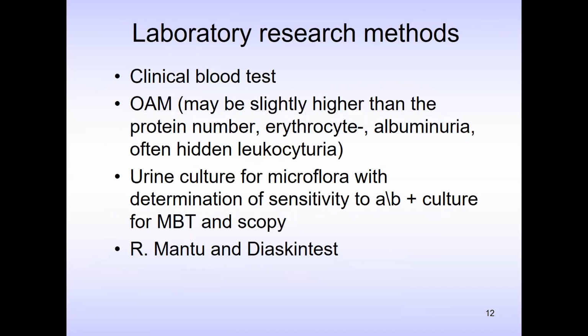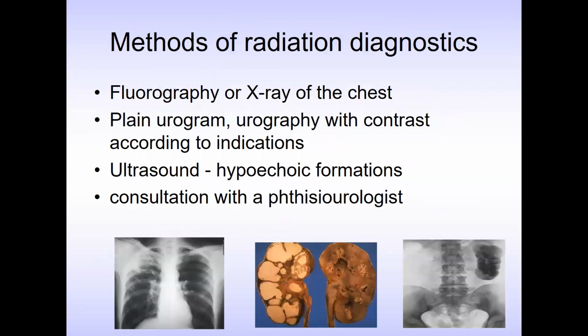Laboratory research methods: clinical blood test, urine culture for microflora, or Diaskin test. Methods of radiation diagnostics are X-ray of the chest, plain urogram, urography with contrast, ultrasound, hypoechoic formation, and so on.